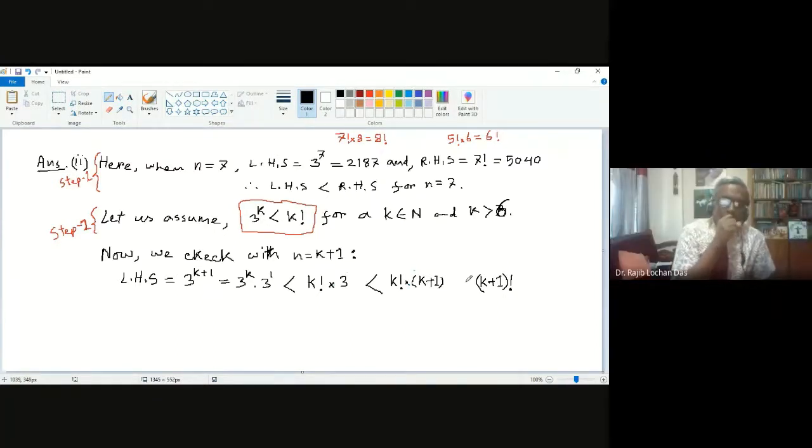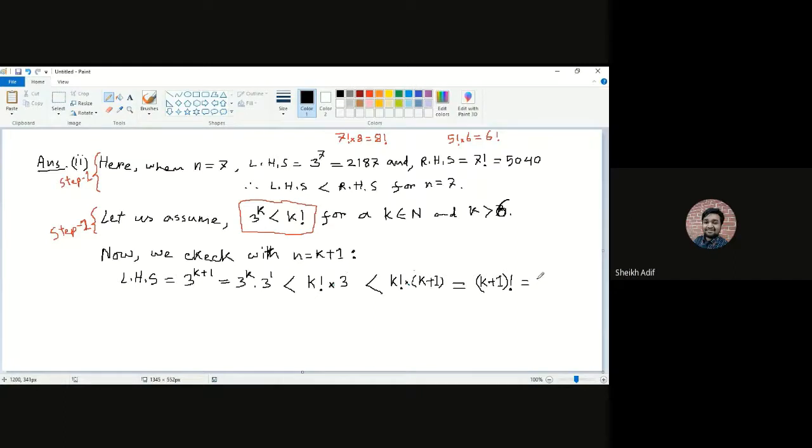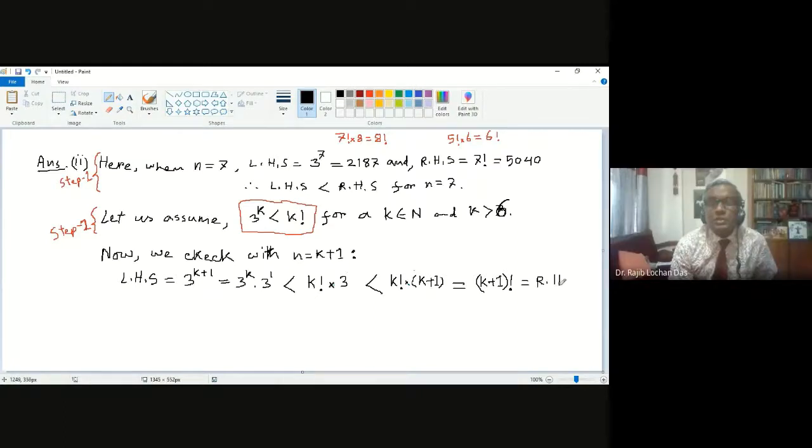Equal sign. This is equal, not less than, not greater than. So this is k plus 1 factorial, and this is your right hand side. What is happening actually? You start with the left hand side and then you do something, and this is less than the right hand side.